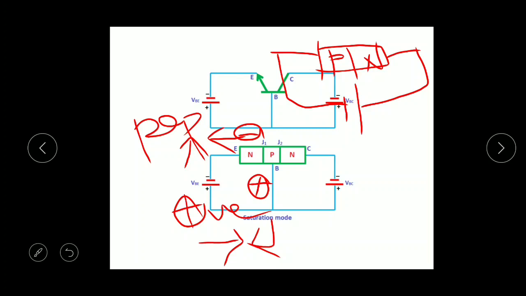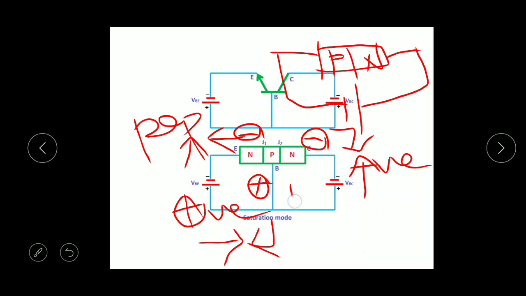On the other side, the base-collector voltage is applied. The N region consists of negative ions and the negative voltage is applied, so both are the same charge and repel each other.